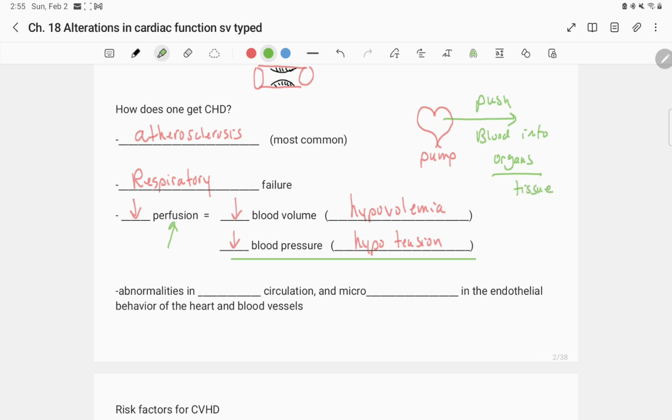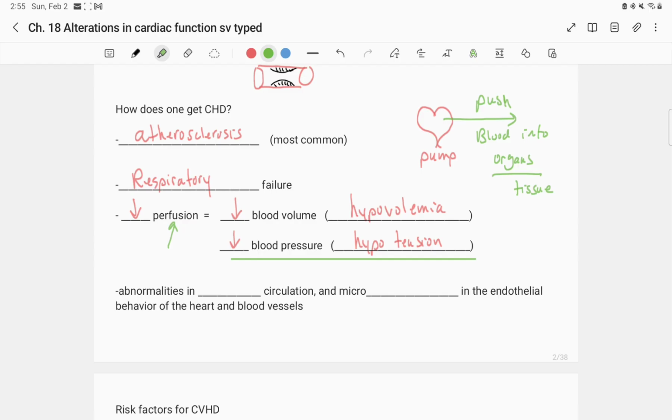Okay, so if there's not enough pressure, then you can't even perfuse your organs or tissue. If there's decreased blood volume, so just not enough blood in the body, same thing, you're not going to have an adequate amount to perfuse organs.